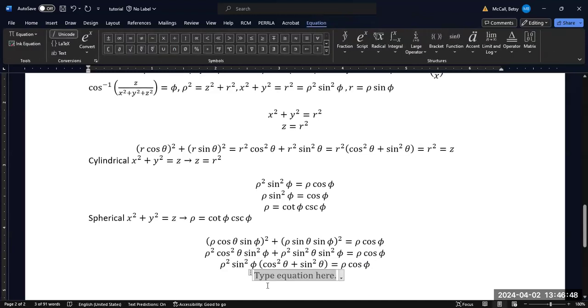Again, I can divide out a rho, just leave a rho, and sine squared phi. But then cosine squared plus sine squared is 1.